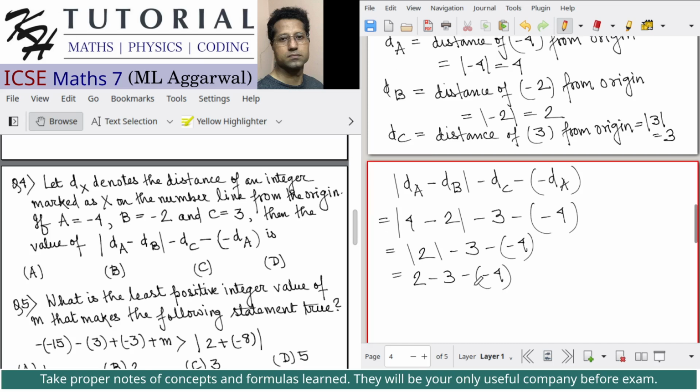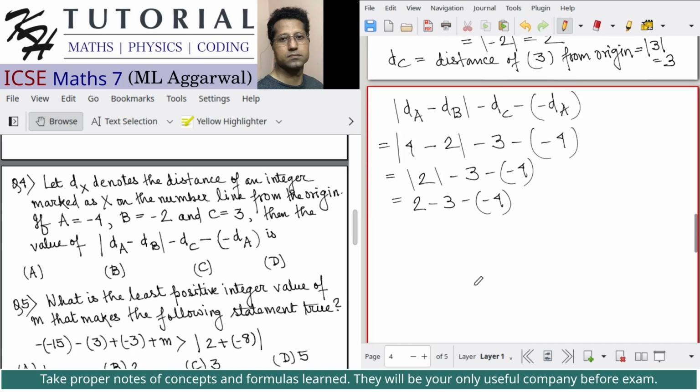So this is now a numerical expression of addition and subtraction of 2 or more integers. So I will convert all the subtraction operations to addition operations, like 2 plus the additive inverse of 3, that is minus 3. Again this will be plus the additive inverse of minus 4. So this is 2 plus minus 3, and the negative of minus 4 is 4.